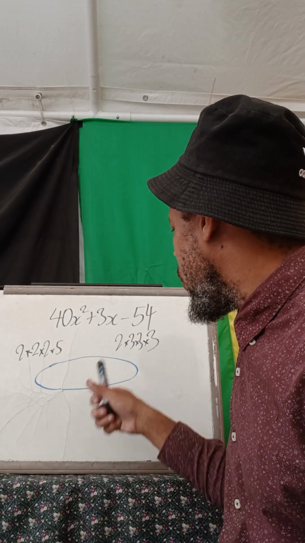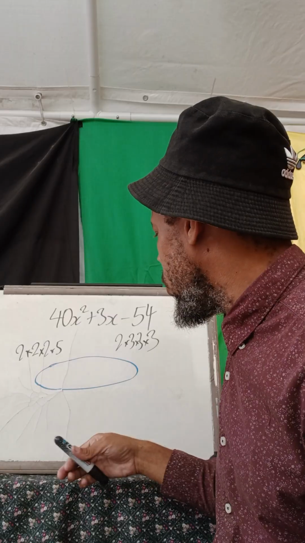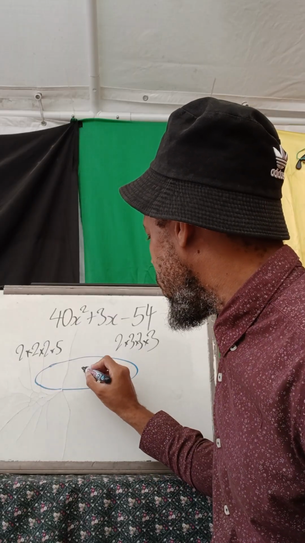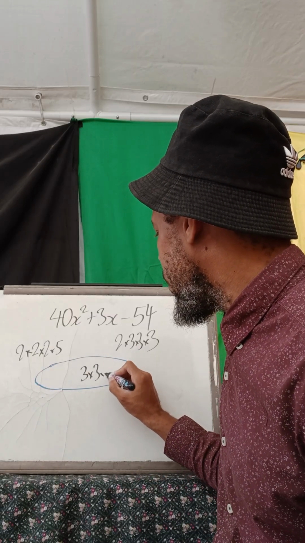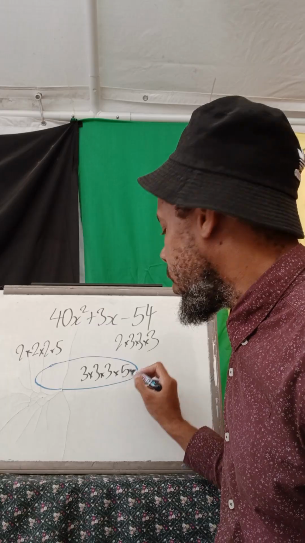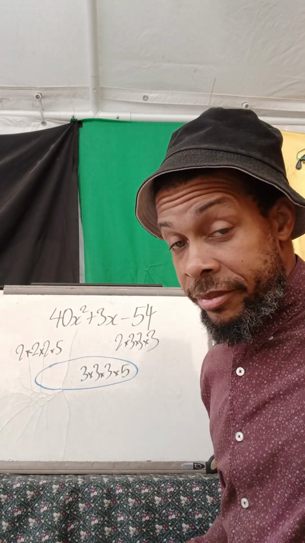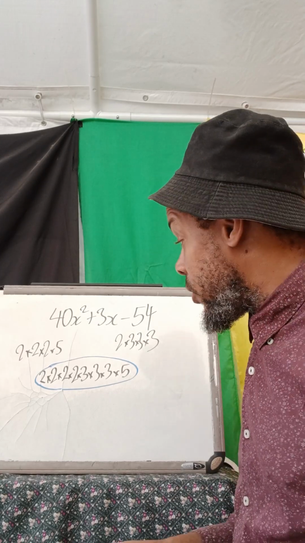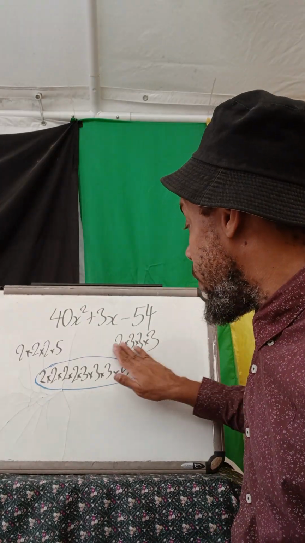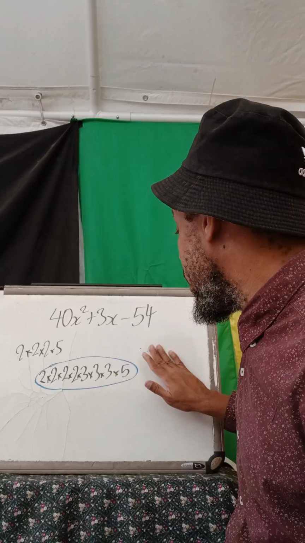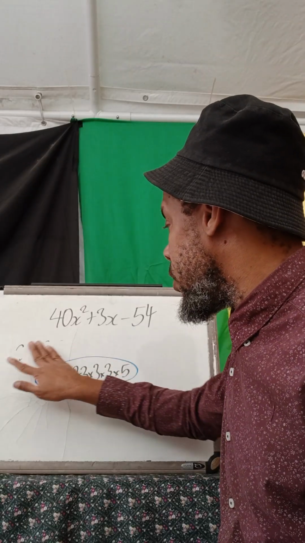Alright, we're going to have 1, 2, 3, 4 2's, 3 3's. Hold on there. Alright, so they're unified, so we can get rid of that, and rid ourselves of that.